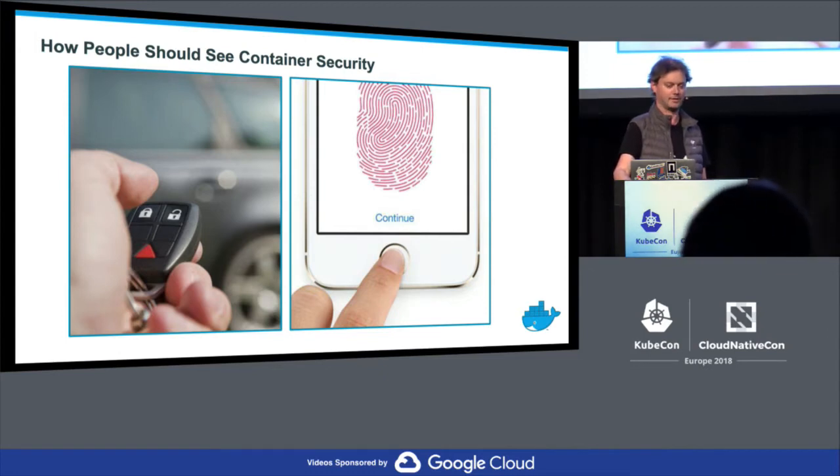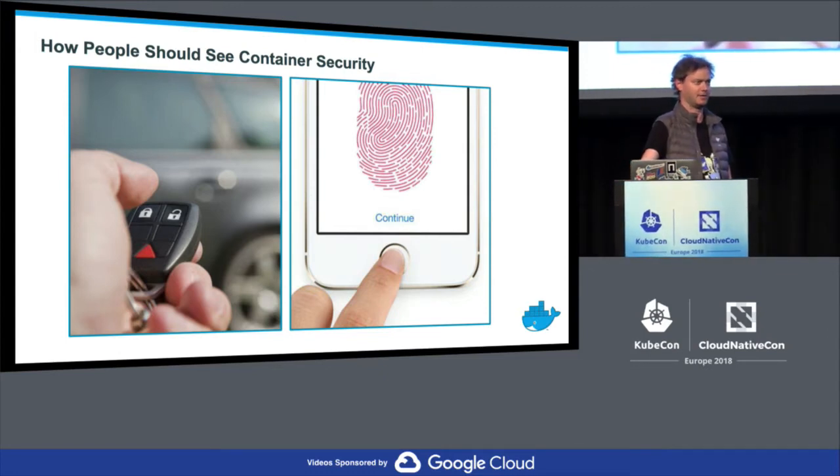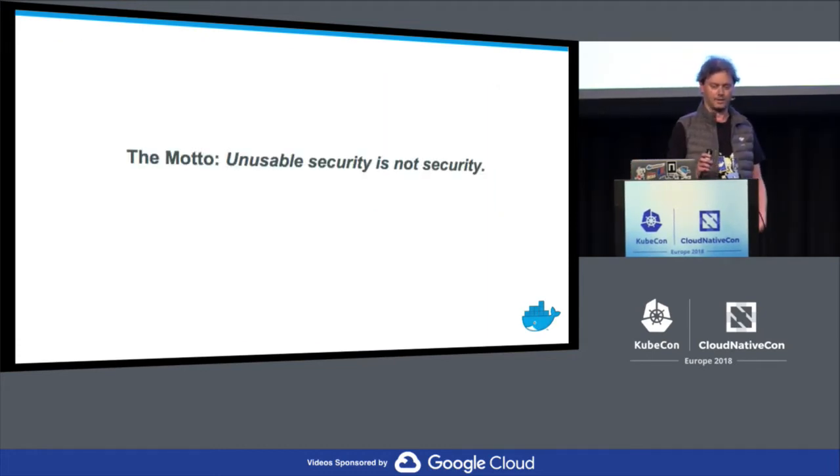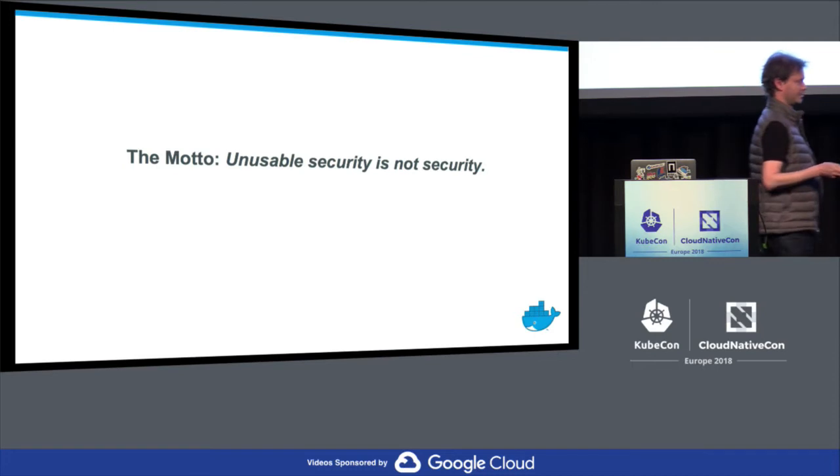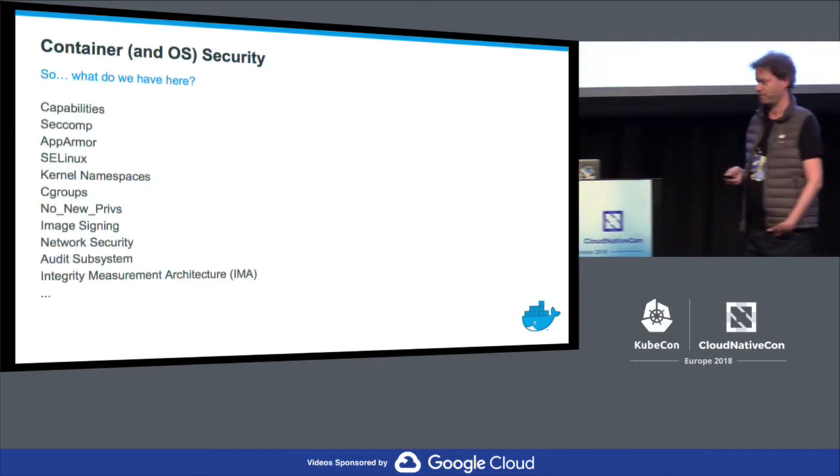That comes with a set of security guarantees that are designed for the situation in hand, and making security that's not usable is really difficult because it's not actually particularly secure.